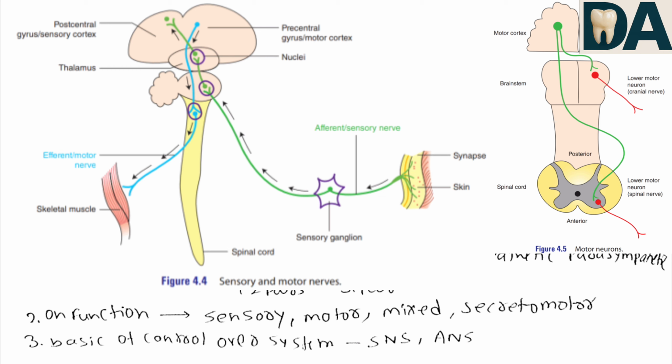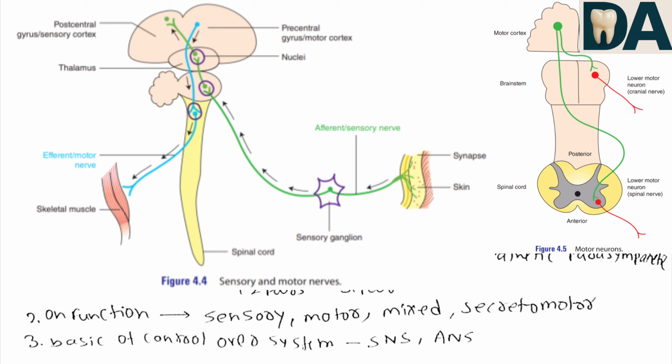The cell body of a lower motor neuron is located in the spinal cord, and its termination is in skeletal muscles. Lesions of lower motor neuron result in weakness, twitching of muscles and loss of muscle mass.